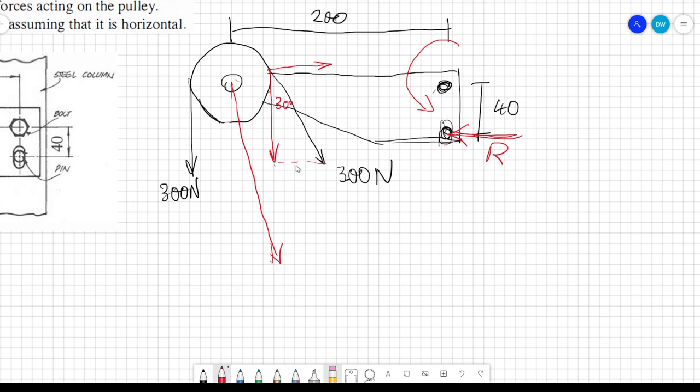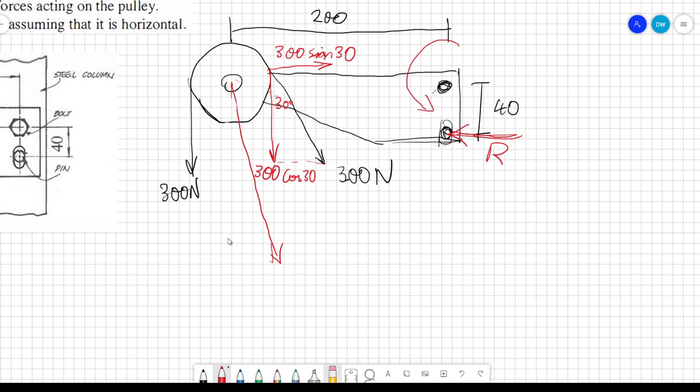So these two sides are equal, which means this side should be 300 sine 30, and of course the vertical one should be 300 cosine 30. So that's what we have.